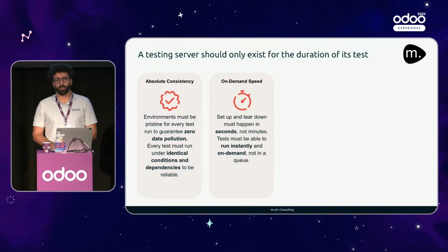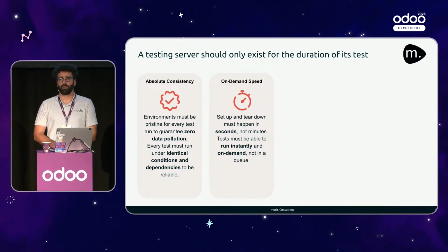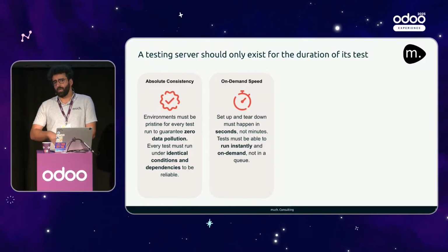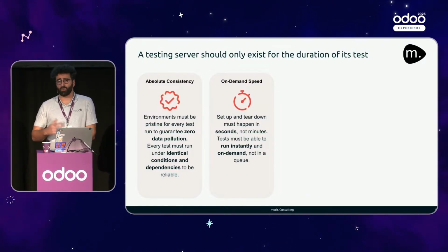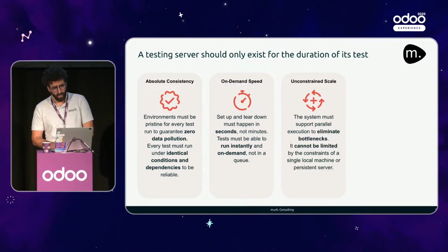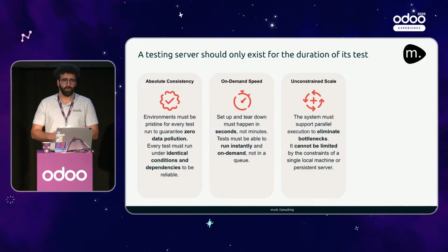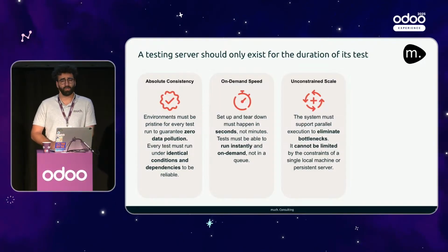If we want to integrate it in a development workflow, in whatever stage of the development workflow, it needs to be fast, seamless, easy and light. It needs to run instantly, on demand, and you need to have control over it. And unconstrained scale, meaning maybe we're just testing one project, maybe we're testing 10 projects, maybe we are testing one module, maybe 2, 3.